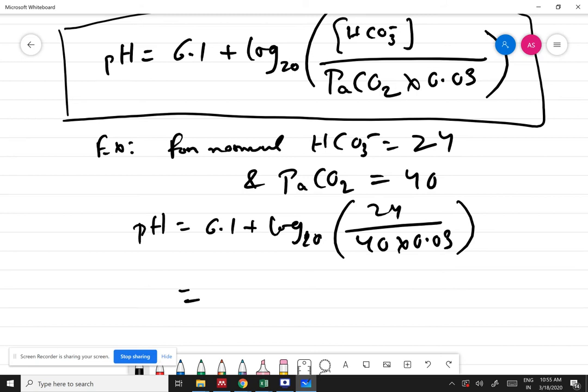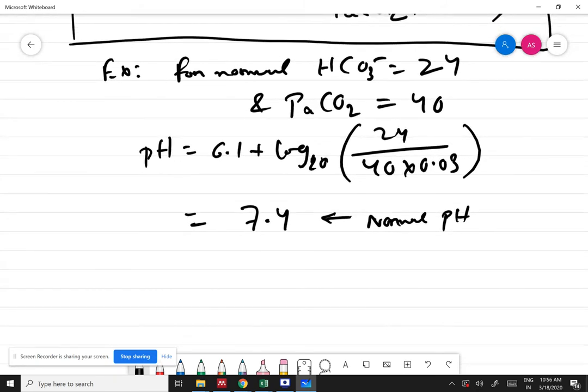You can calculate it, and it will come out to be 7.4, which is the normal pH, because pH has to be between 7.35 and 7.45 for normal values.